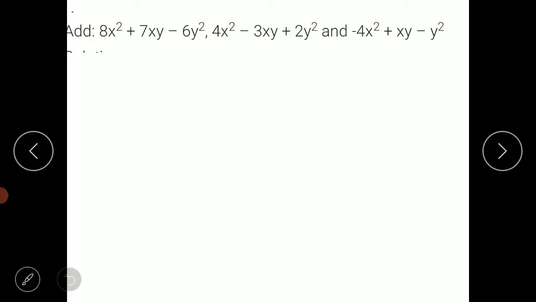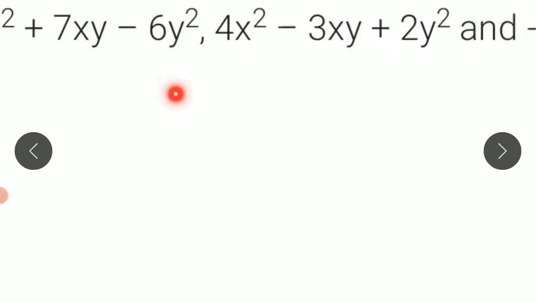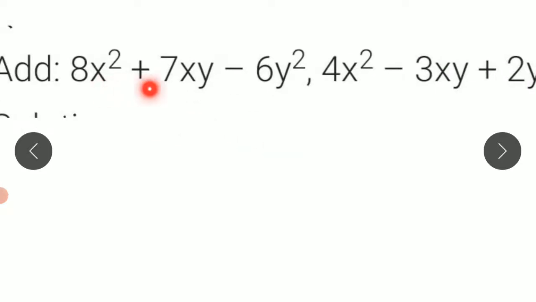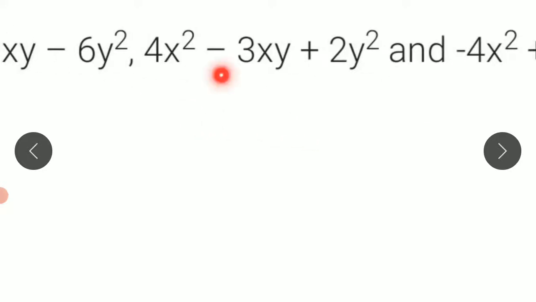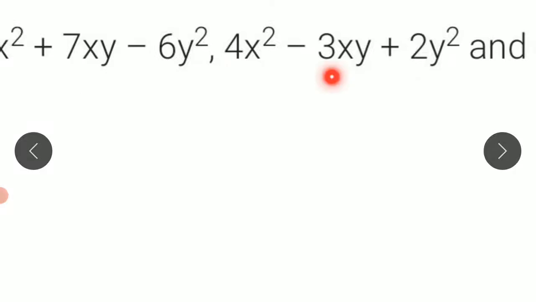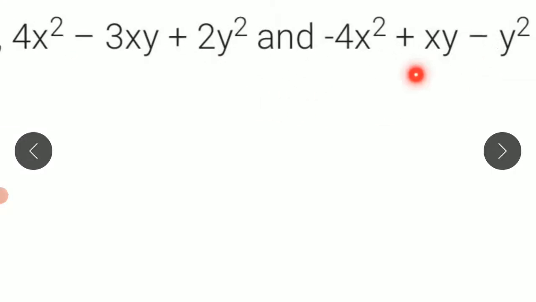Just find out how many algebraic expressions are given. See, the first comma is coming here only, 1, then 2, and this second expression, then third expression.